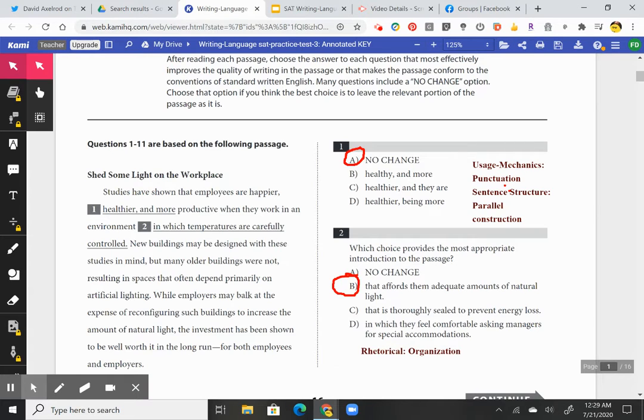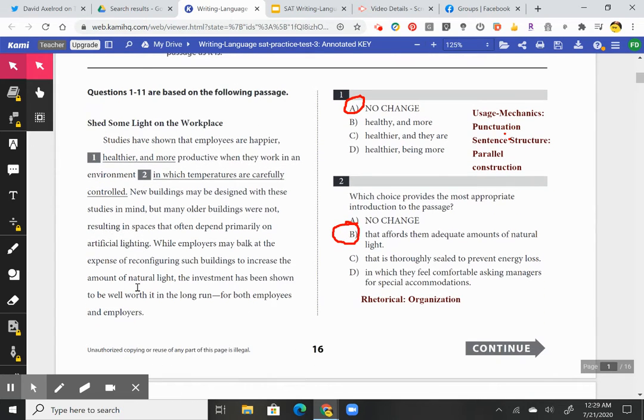This would be talking about lighting. If you keep reading along here, this is where sometimes you will have to read the context, and also it's right in the title: some shed light in the workplace. You're going to know that it's about lighting, so it's not about temperatures. So the best answer here is that affords them adequate amounts of natural light.